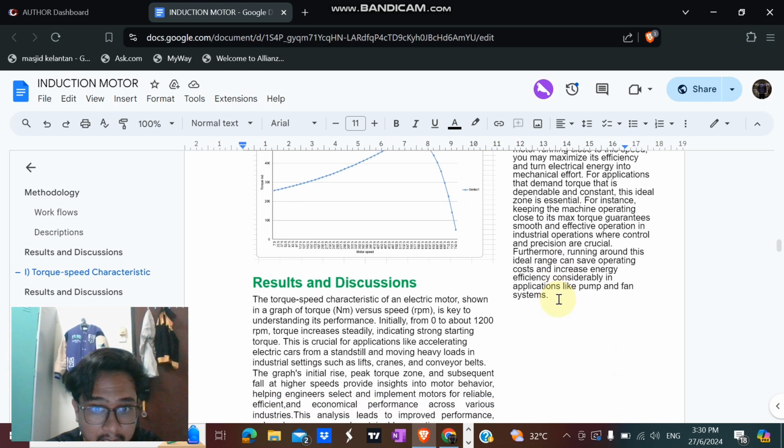The torque speed characteristic of the electric motor, shown in a graph of torque versus speed, is key to understanding its performance. Initially from 0 to about 1200 rpm, torque increases steadily, indicating strong starting torque.